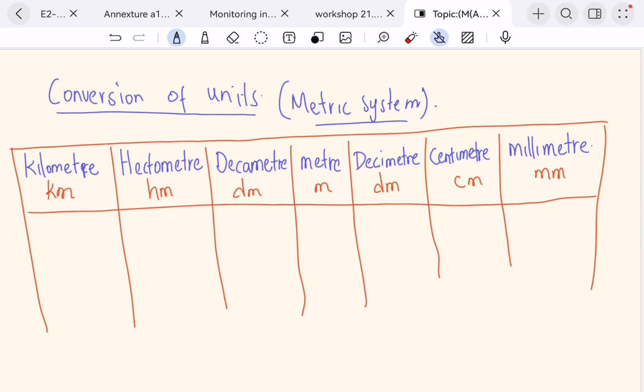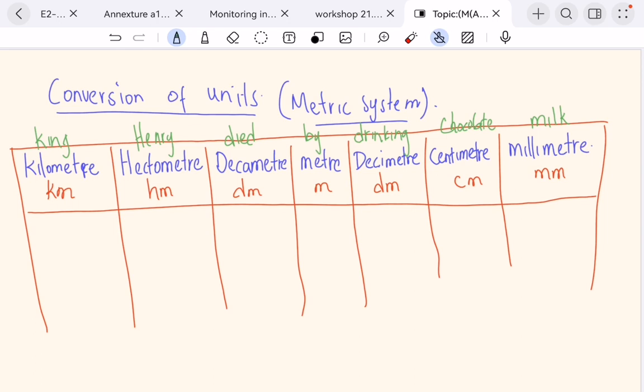They say, if you can sing in your head the following words: King Henry died by drinking chocolate milk. I know you love chocolate very much.